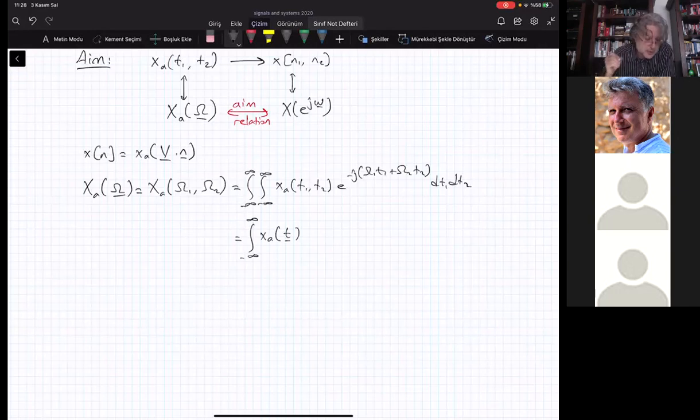You should better try to understand how I'm writing the things. E to the minus j omega transpose. So omega vector is transposed to become a row vector. If not transposed, all the vectors are column vectors, vertical. So I make it a row vector and multiply it with a column vector.